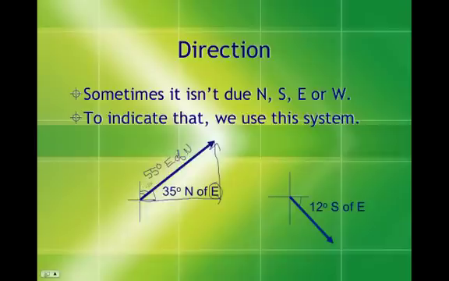And you can see we've gone east of the northerly direction. So 55 degrees east of north would also be an acceptable way to describe this line. Over here in this example, we have 12 degrees south of east, and it's obvious that this is not drawn to scale. These are just kind of random numbers that I put in here to give you some examples.